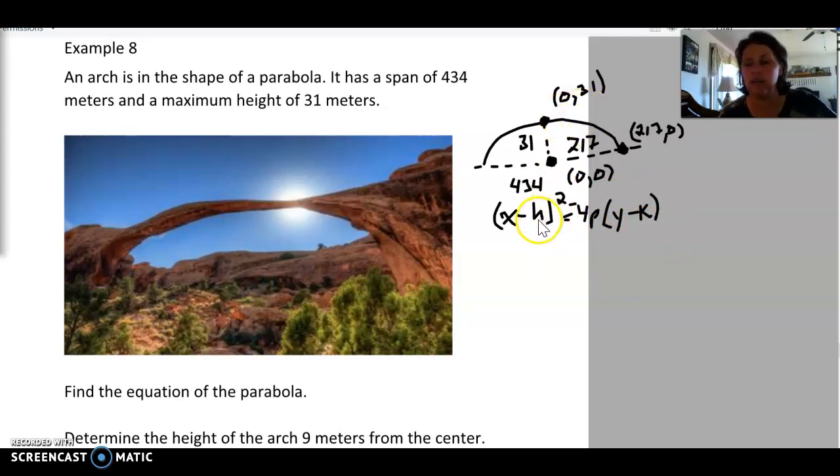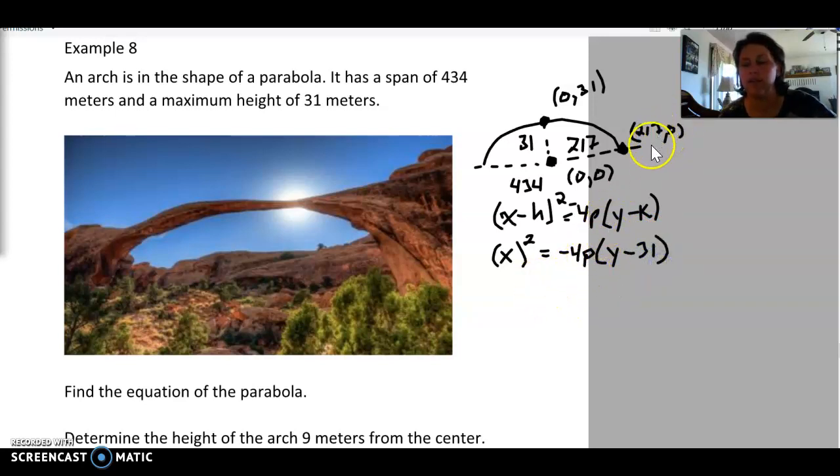So our center is going to be at 0, 31. So we have x minus 0, so that's going to just give us x squared, equals negative 4p and then y minus k, 31. And now we need to solve for p.